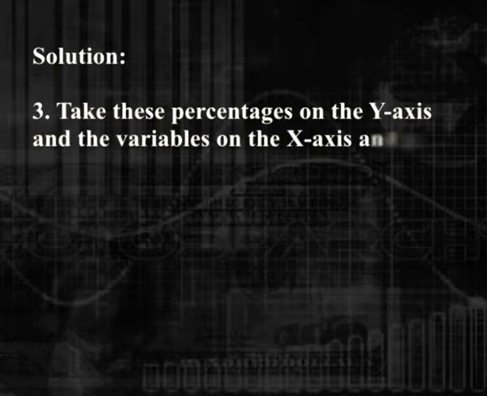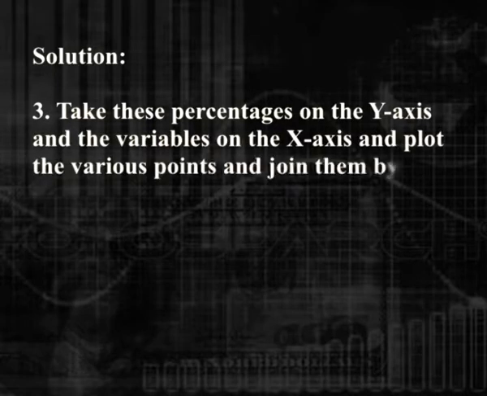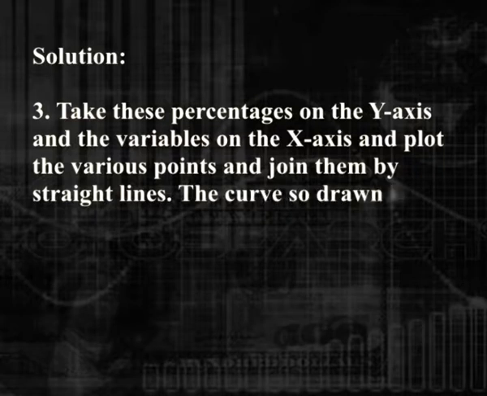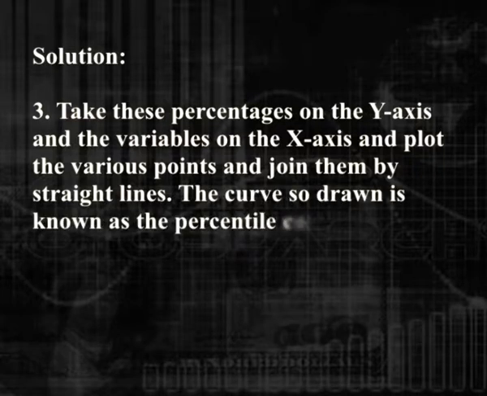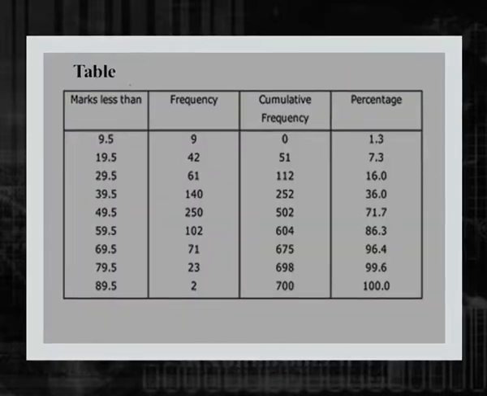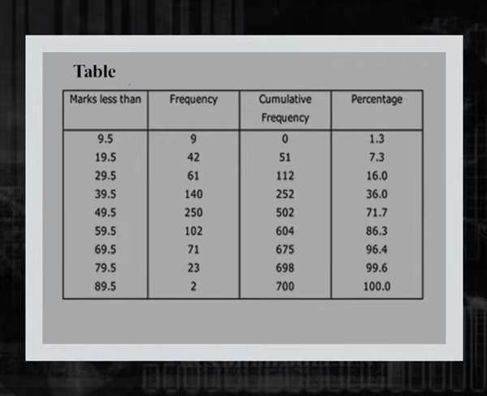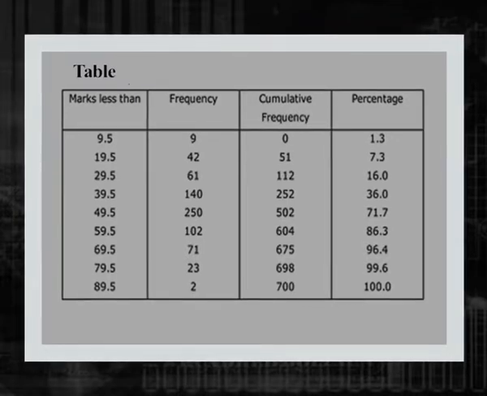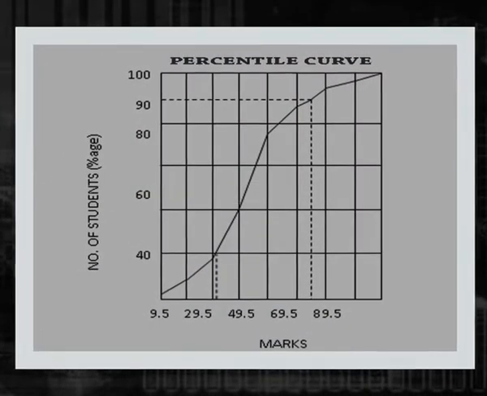Third one, take these percentages on the y-axis and variables on the x-axis and plot the various points and join them by straight lines. The curve so drawn is known as the percentile curve. So we have this table. Percentile curve.